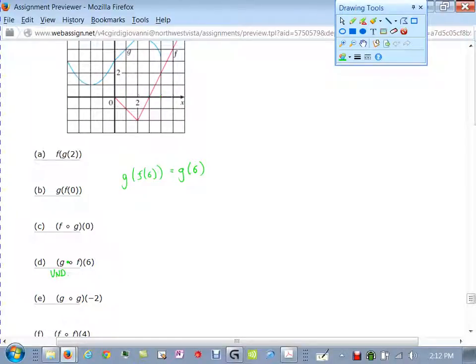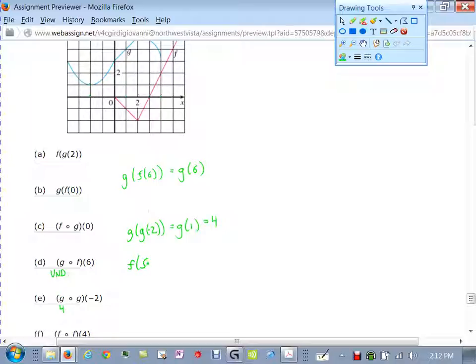How about g of negative 2? Okay, what's g of negative 2? 1, 2, that's negative 2. That's up there at 1, so that's a 1 inside there. So what's g of 1? Go up 1, 2, 3, 4. So it looks like 4 comes out. What's f of 4?